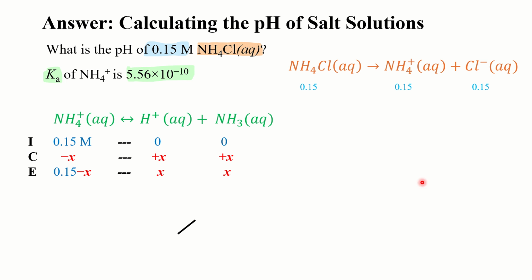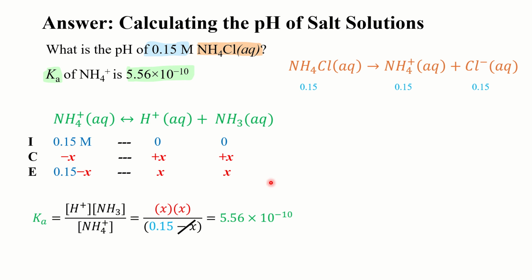We can set up our ice table. We've got an initial concentration of 0.15 molar for NH4+. We can assume that the H+ and NH3 are both 0. Everyone's coefficient is 1, so we're moving in the forward direction with a change of minus x for NH4+ and plus x for both our products, giving equilibrium concentrations of 0.15 minus x for NH4+ and just x for both the products.